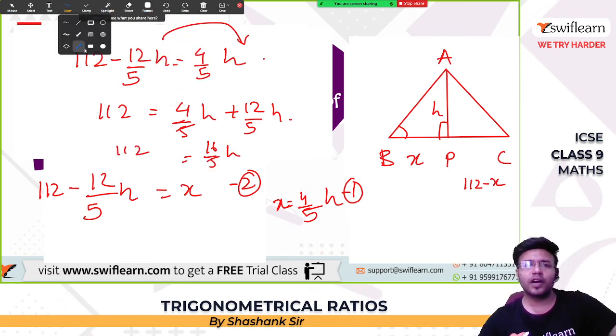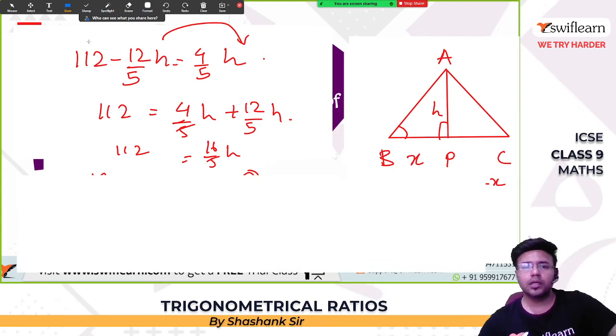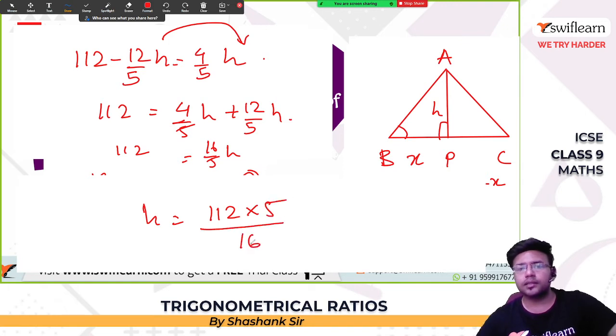Find the value of height, which is the perpendicular. So H is equal to 112 into 5 by 16.